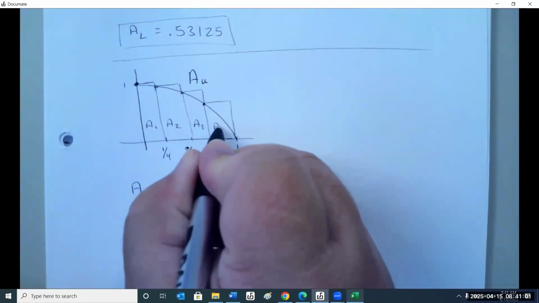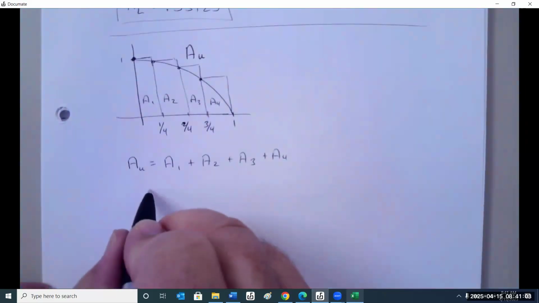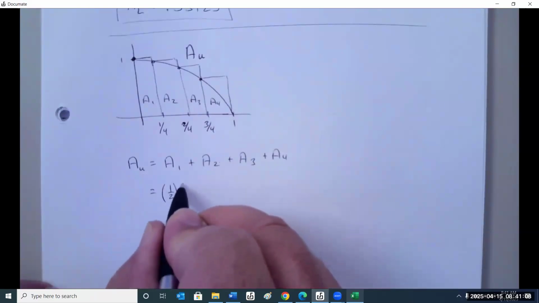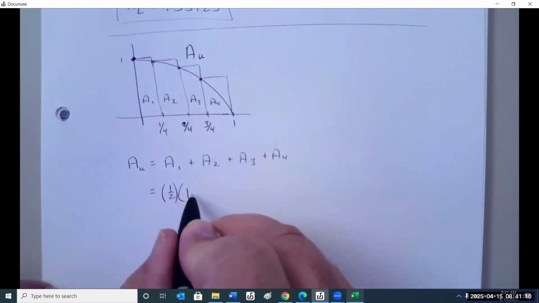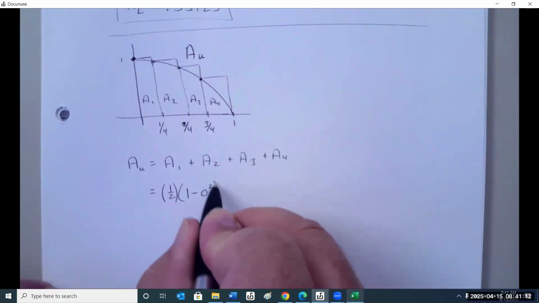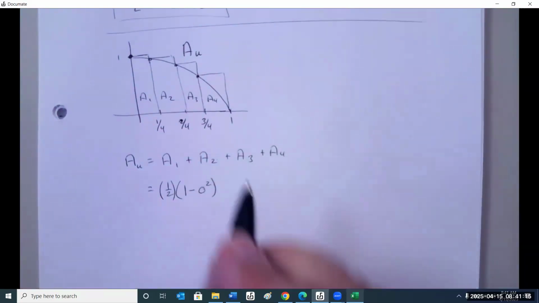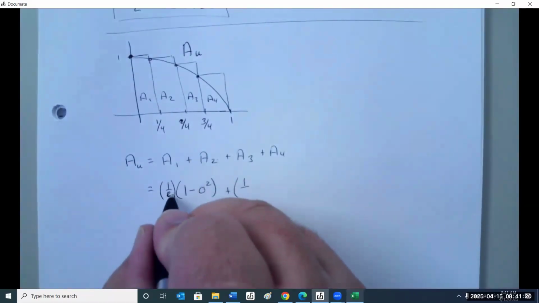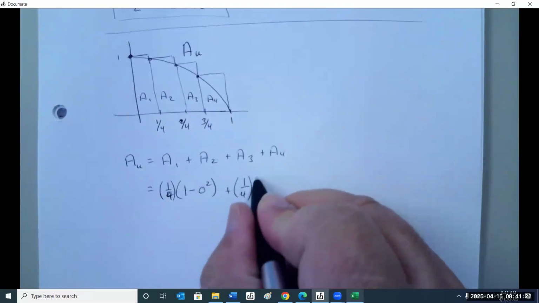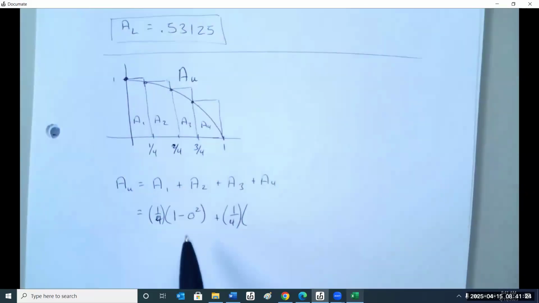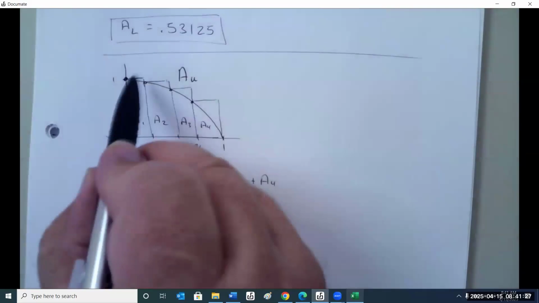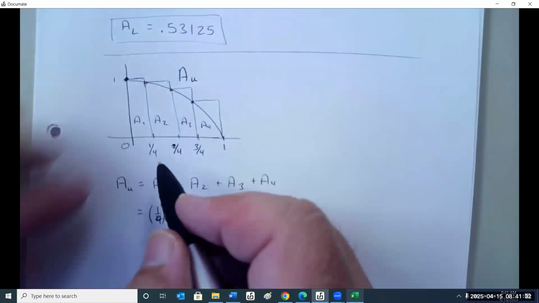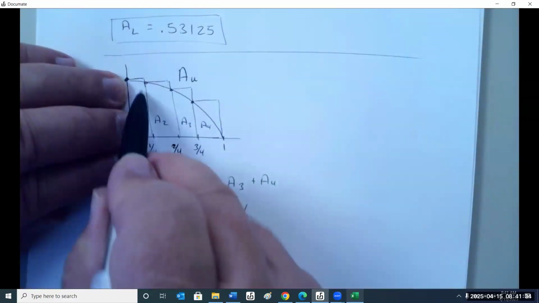So the area, the base is 1/2. And the height is 1 minus 0 squared. Plus, not 1/2, it's 1/4. 1/4. Notice, it's very important. What x's are you putting in this first one? Since it's on the outside, we use the 0. And for the next one, we're using this one, 1/4.